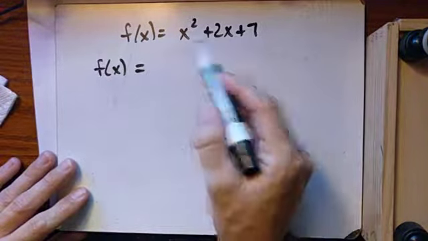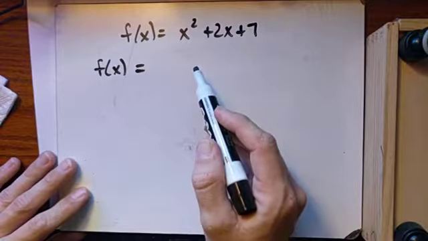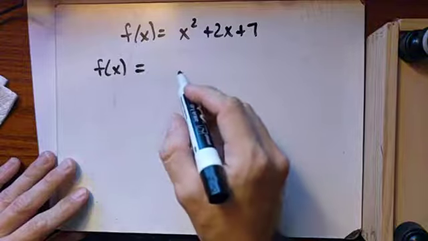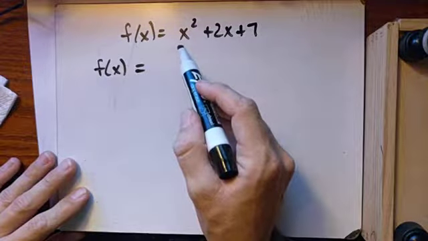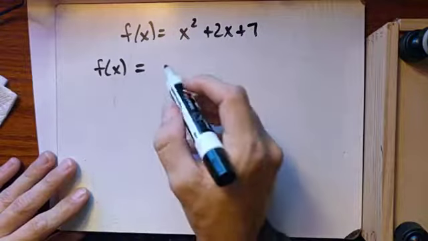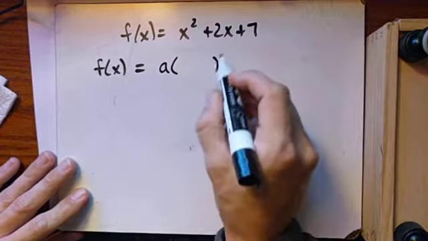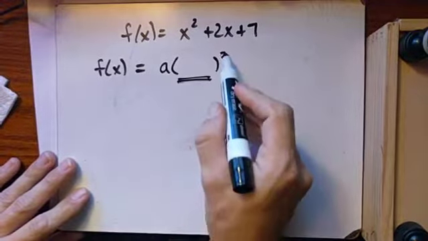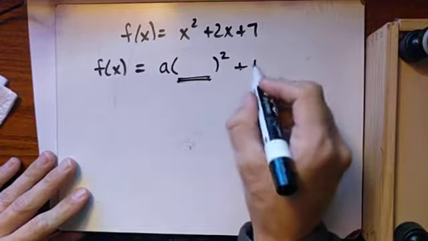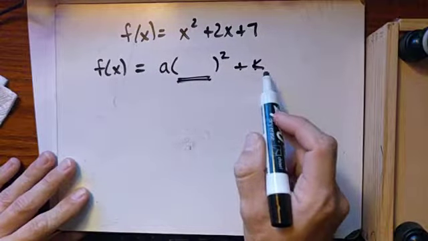So what we want to do is take this big thing and make it into something with a square, the square of something, plus whatever's left over. Let's just call this a remainder, what's left over.